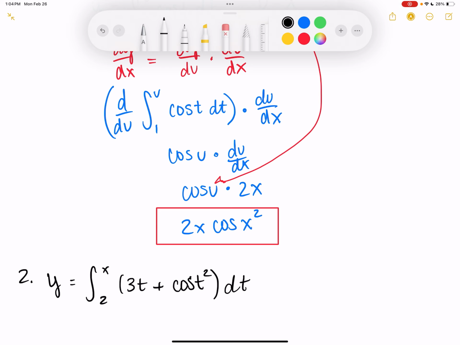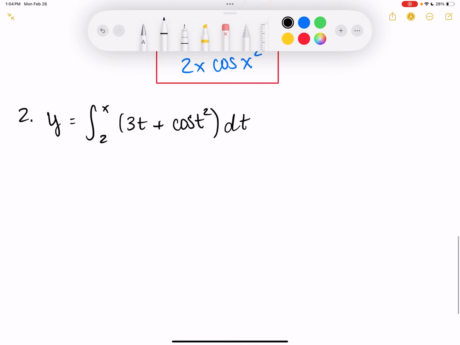Any ideas on how to do this one? Or how to rewrite it? Yep, dy dx is equal to 3x plus cosine x squared.